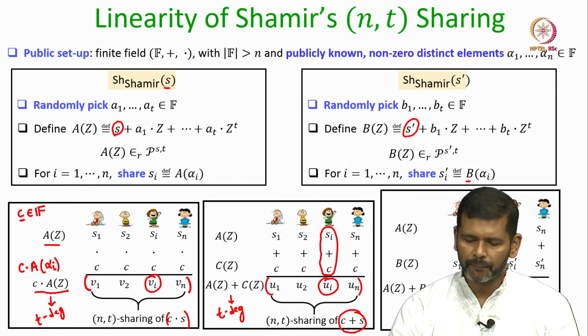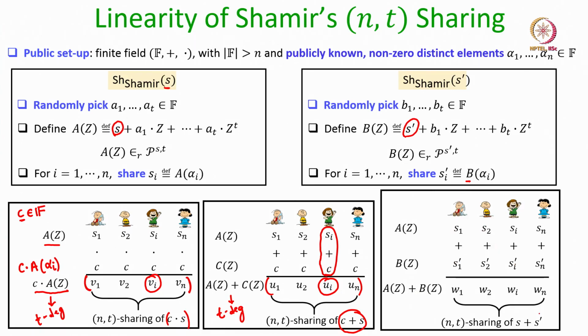And in the same way, if the parties want to generate a t out of n Shamir sharing of S plus S prime, where S and S prime are secret shared by instances of Shamir secret sharing, then again the parties need not interact with each other.